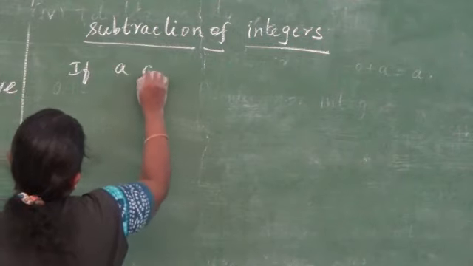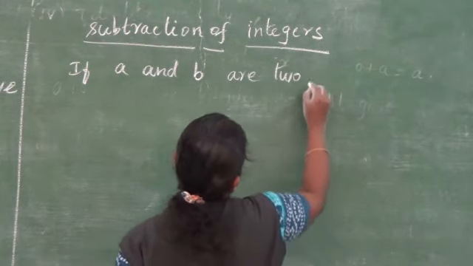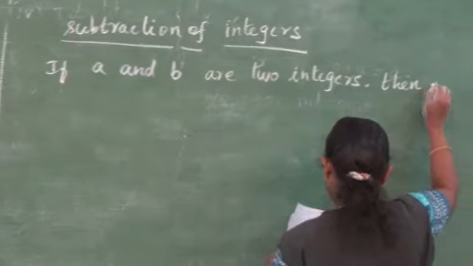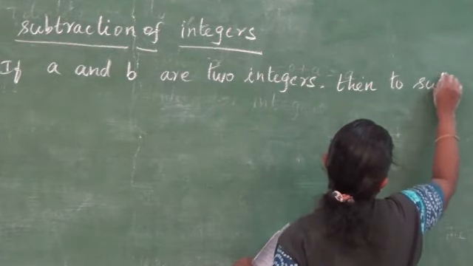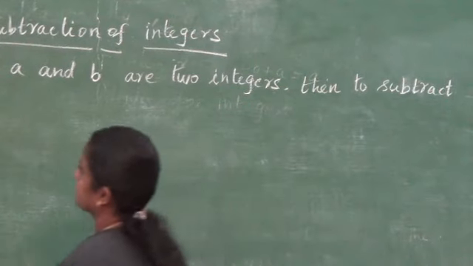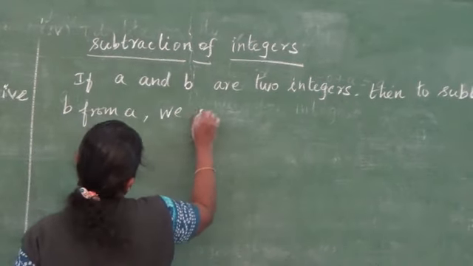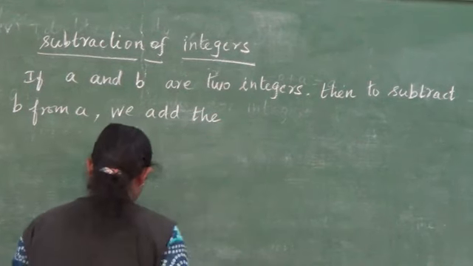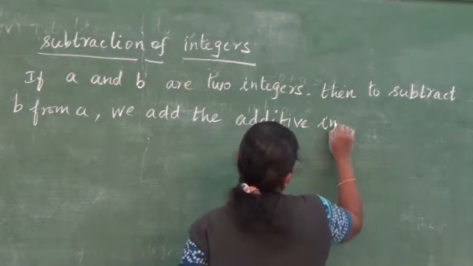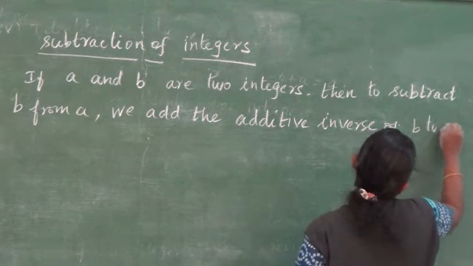If a and b are two integers, to subtract b from a, we add the additive inverse of b to a.